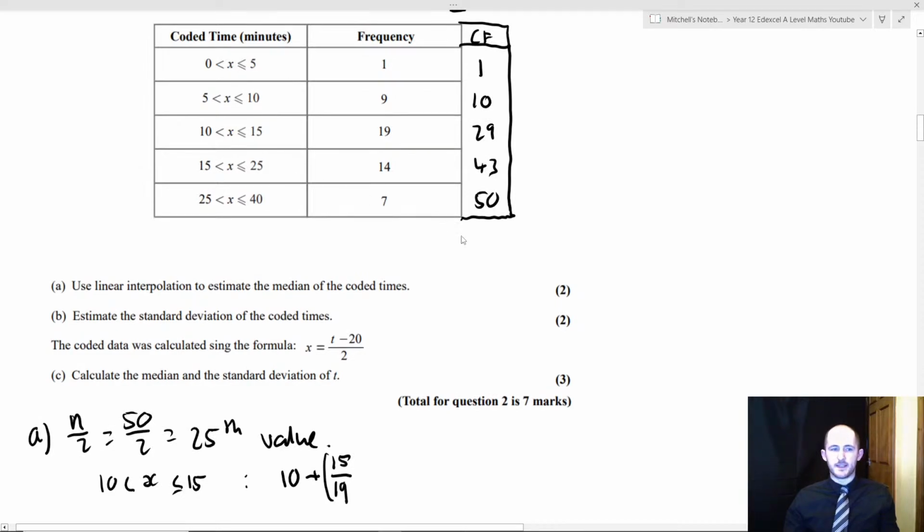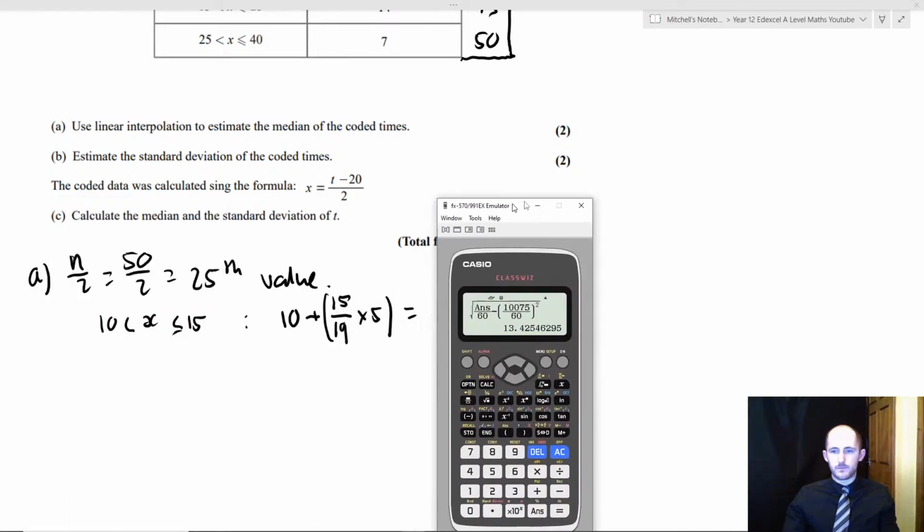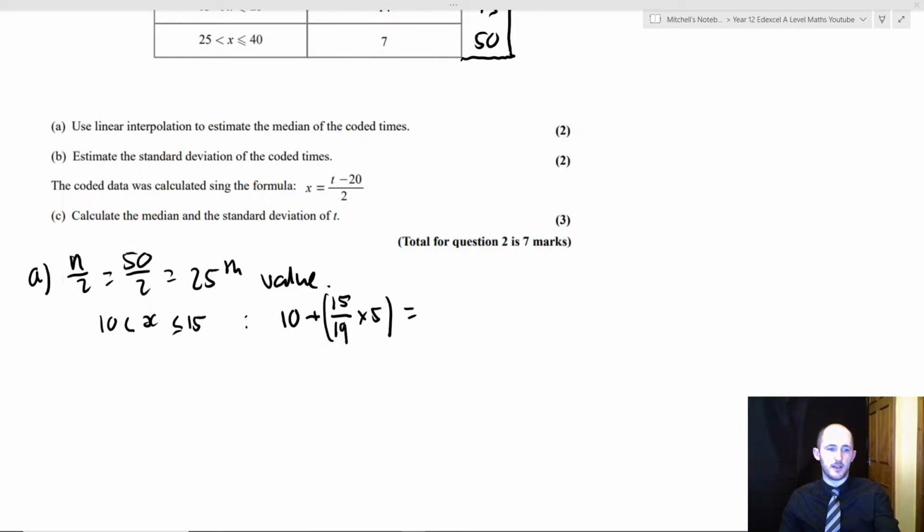And the class width is 5. And we get 13.9.